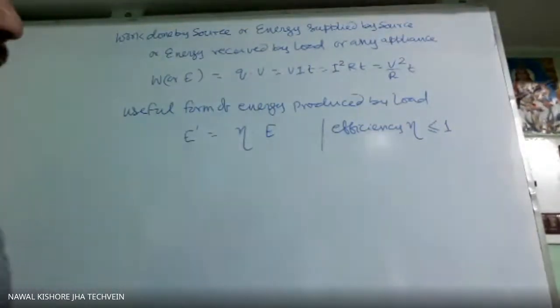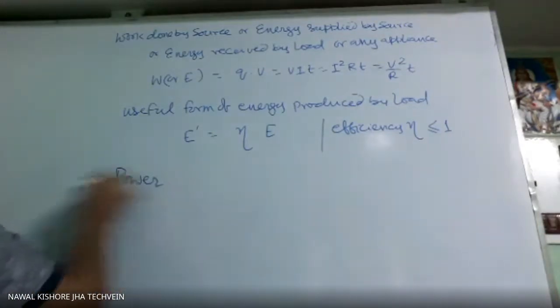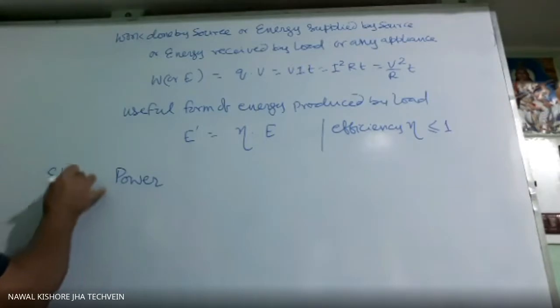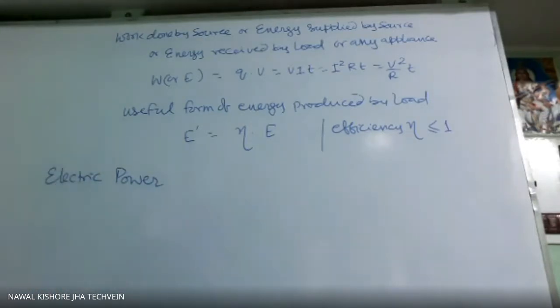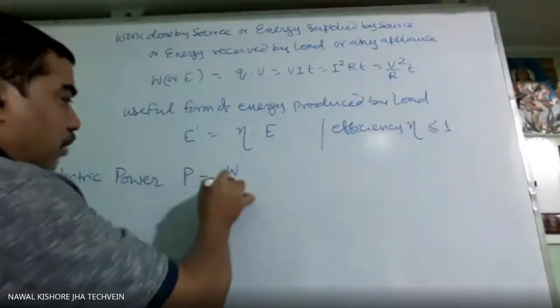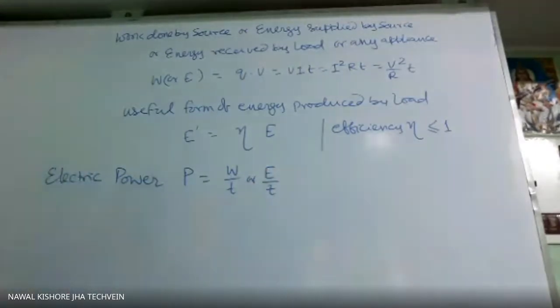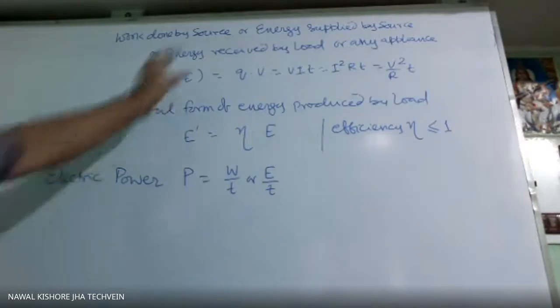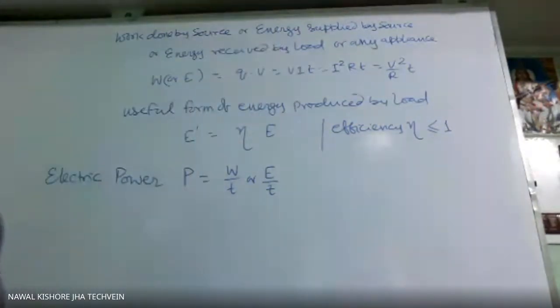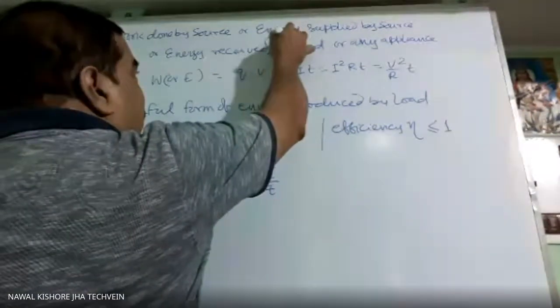Now, power. Or electric power, we can say. Well, what definition we have done in the machine chapter, that was mechanical power. So electric power, this P will be what? Work over time, electric work or energy over time, whatever energy is supplied by the source, or whatever energy is received or consumed by the load.